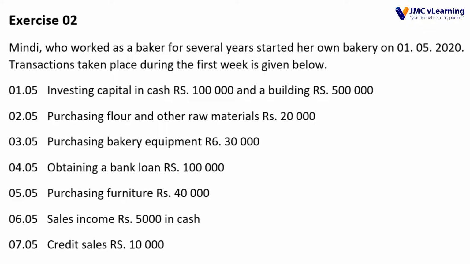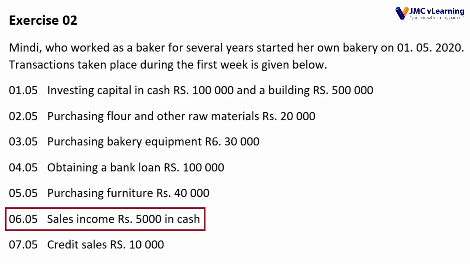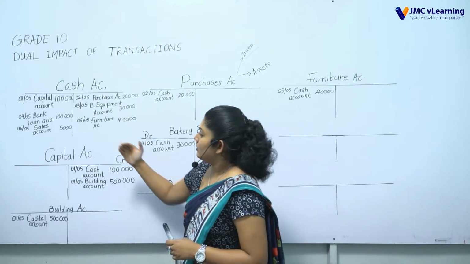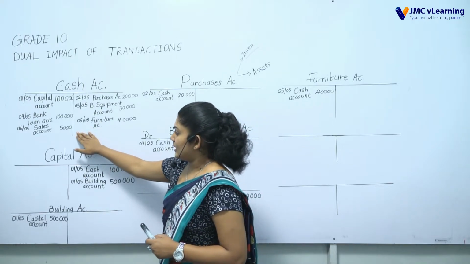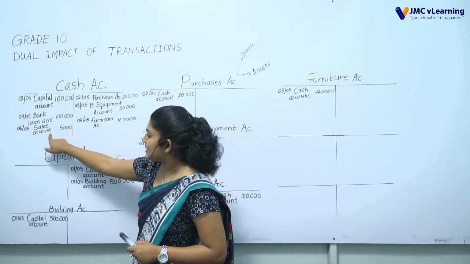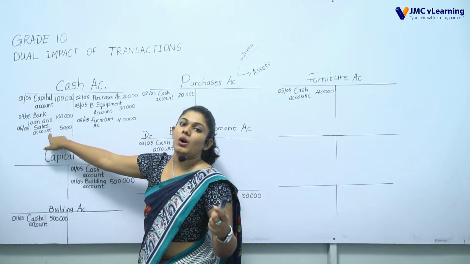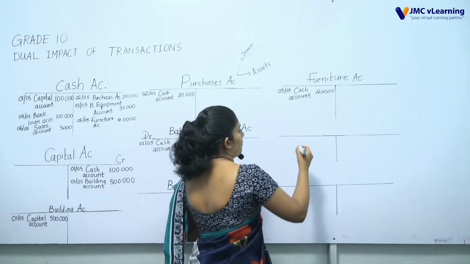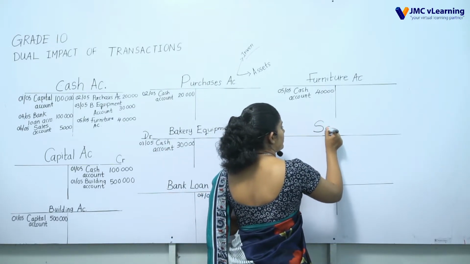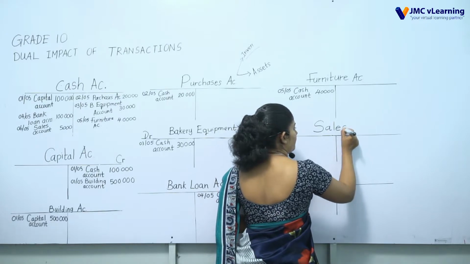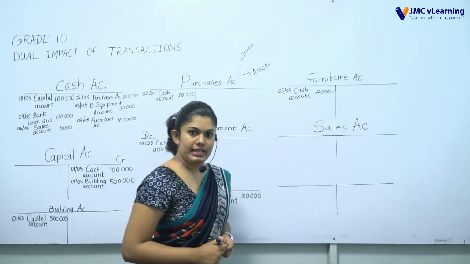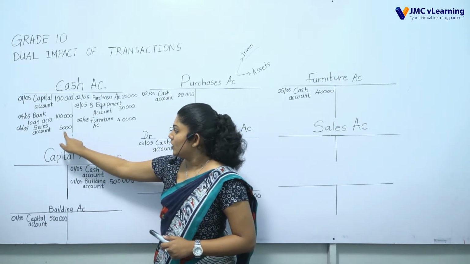Next transaction, 6th of May, sales income 5,000 in cash. Sales income 5,000. I have already recorded in cash account 6th of May. Sales income, therefore we have to open up a sales account. Where is a separate account? Sales account. 6th of May, sales account, how much? 5,000.